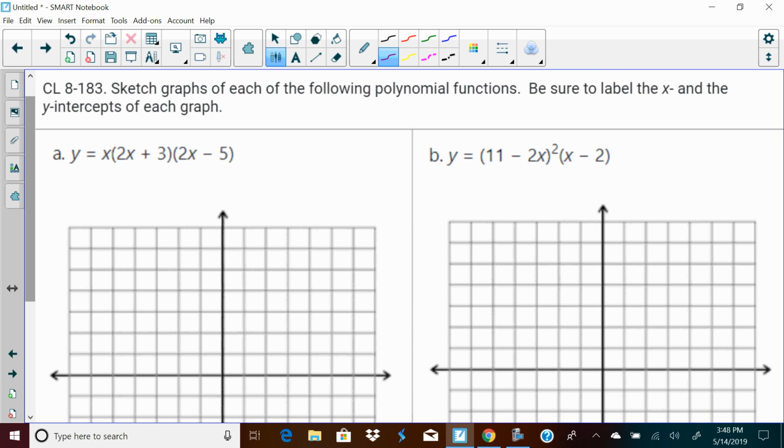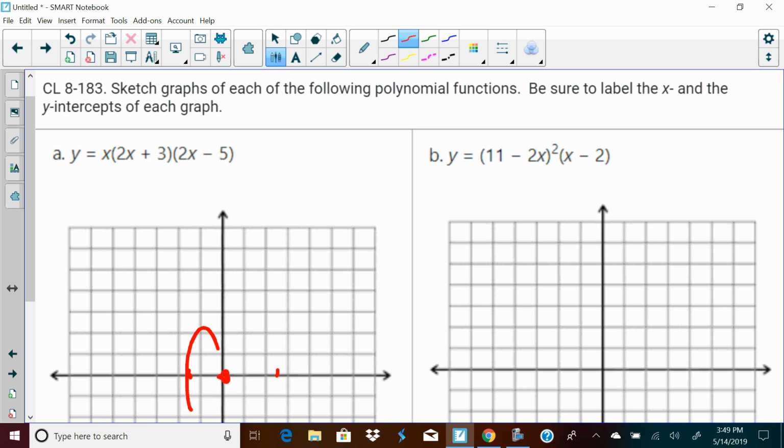183, sketch the graphs of each of the following polynomial functions. Be sure to label the x and y intercepts of the graph. So I know I have one at 0 because of the x. I'm going to have one at negative 1.5 or negative 3 halves. And I'm going to have one at positive 5 over 2, which is positive 2.5.